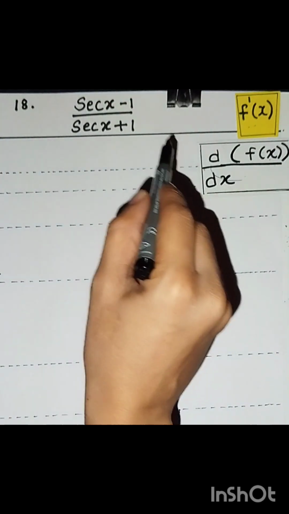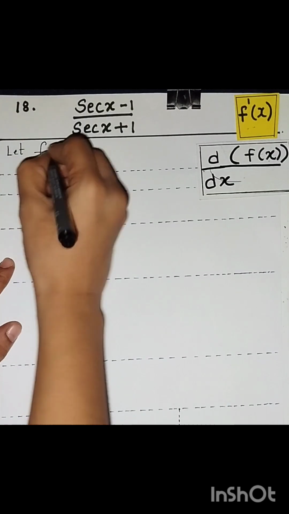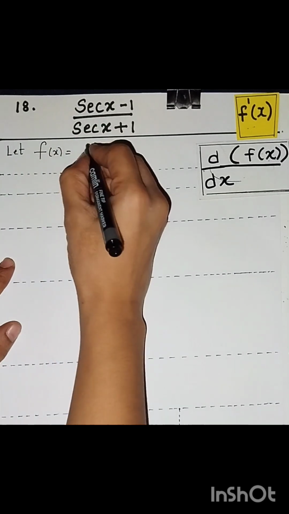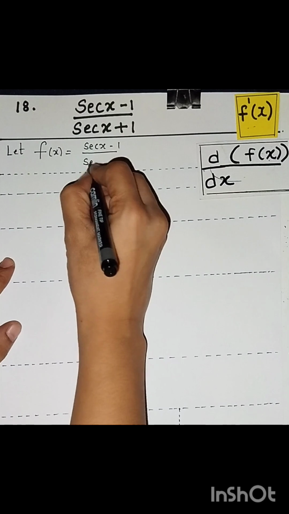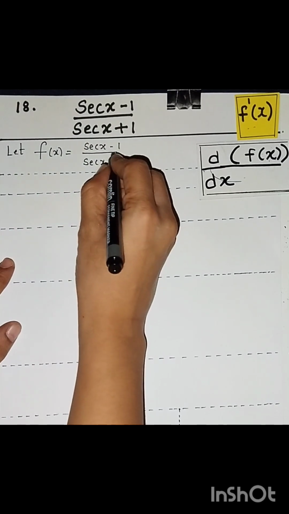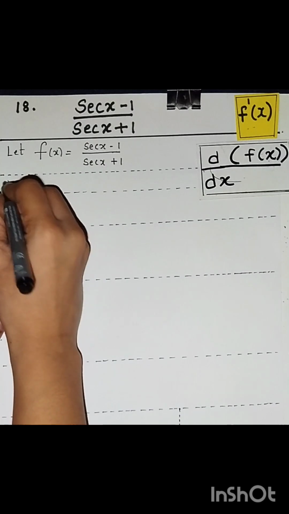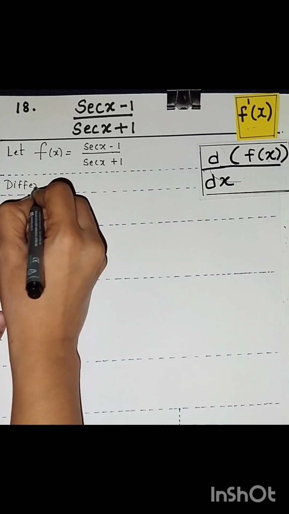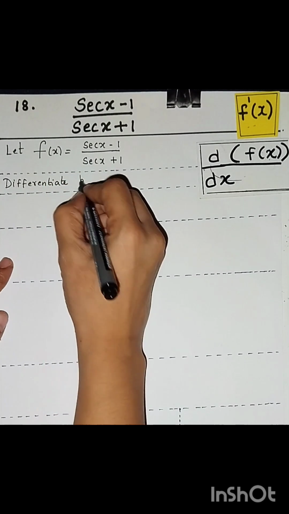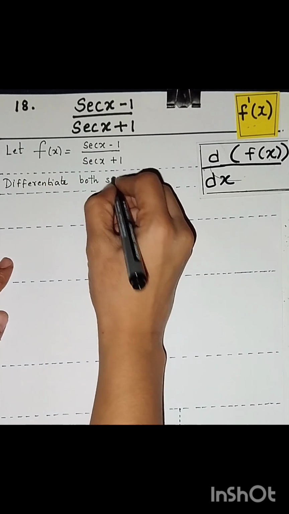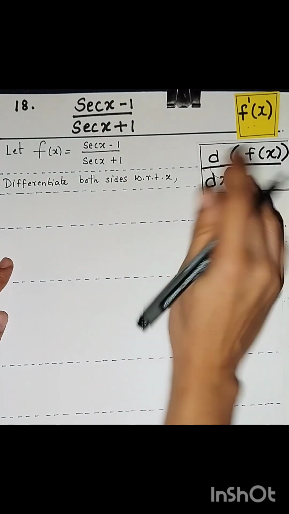So let us label this function. Let f of x is equal to secant x minus 1 divided by secant x plus 1. Now to find this derivative, we have to differentiate both sides with respect to x.